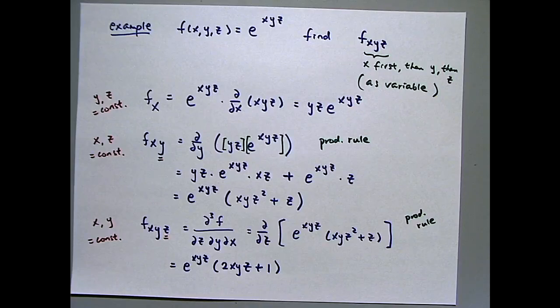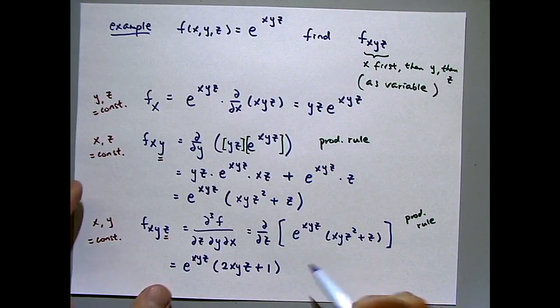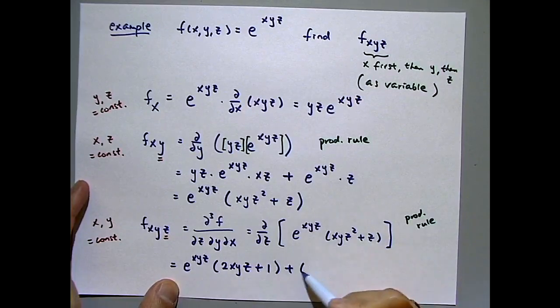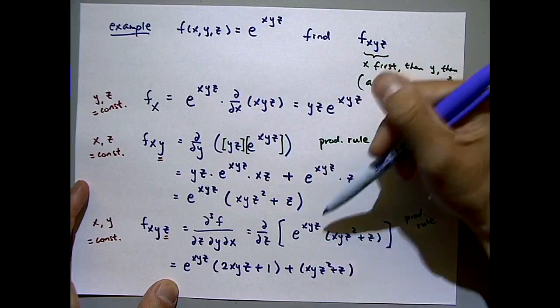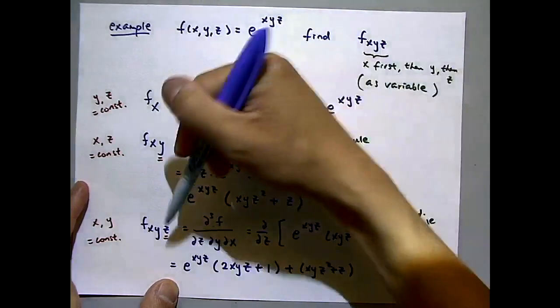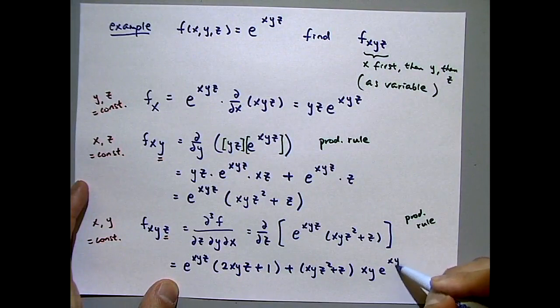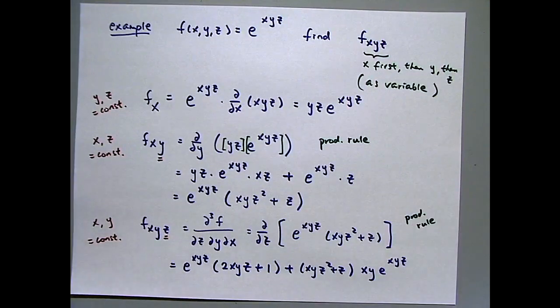Do you agree with that? Yes? Good. Second one here. So this is the first times the derivative of the second, plus the second, xyz squared plus z. The derivative of e to the xyz with respect to z, we get xy e to the xyz, right? Agree?